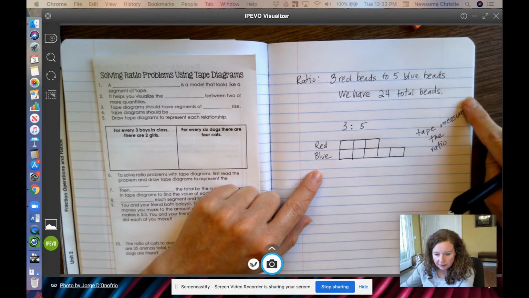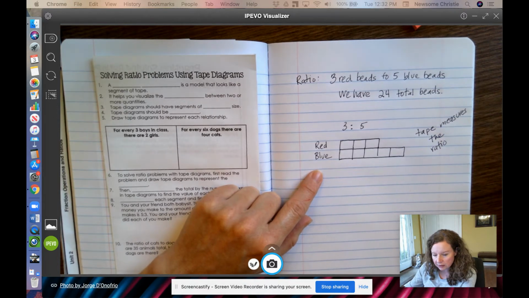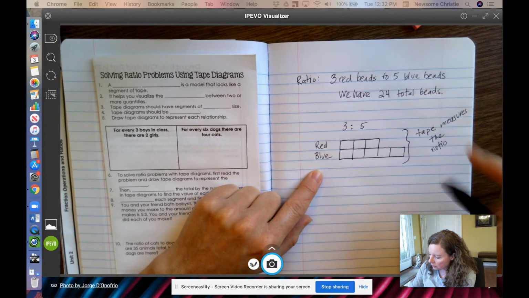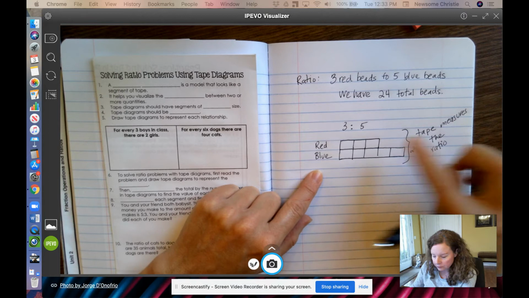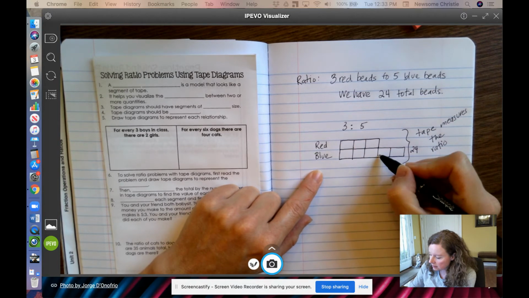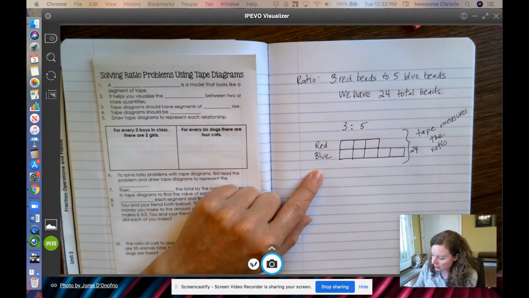So now I'm telling you also that I have 24 total beads. If I think about all of these boxes having to add up to 24, I have 1, 2, 3, 4, 5, 6, 7, 8 boxes in my tape diagram here. What is 24 divided by 8? That's right, it's 3.